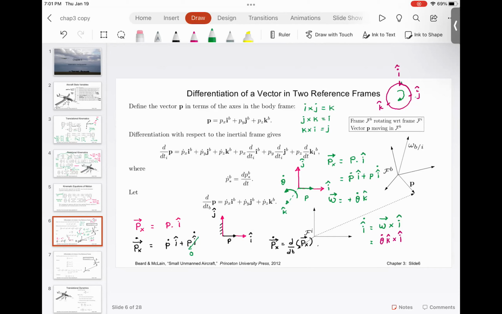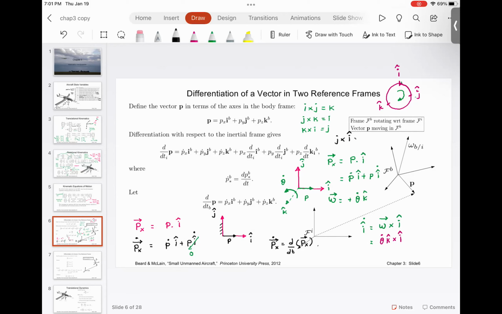And if you go in the opposite direction, so for an example, if you go J cross I, you are going in the opposite direction to the circle of vectors.